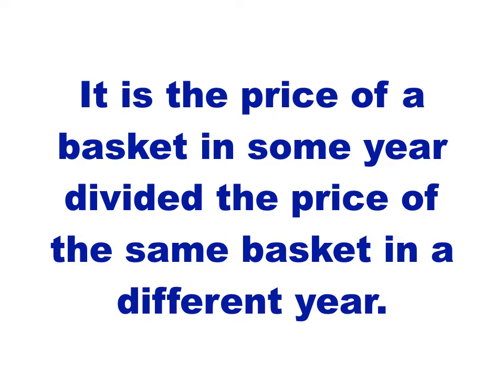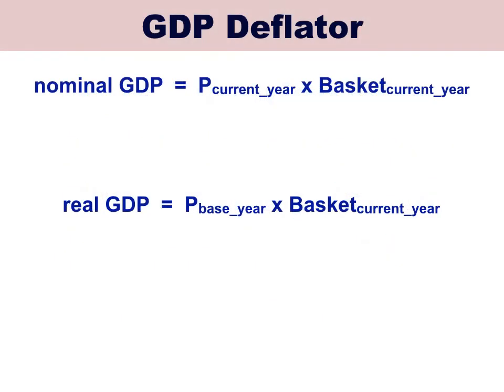So this is not mathematically precise what I'm saying, but as far as a concept, when you're thinking about the GDP deflator, it is essentially telling you about a price level. And that price level is essentially price divided by price, right? Again, not exactly, virtually.